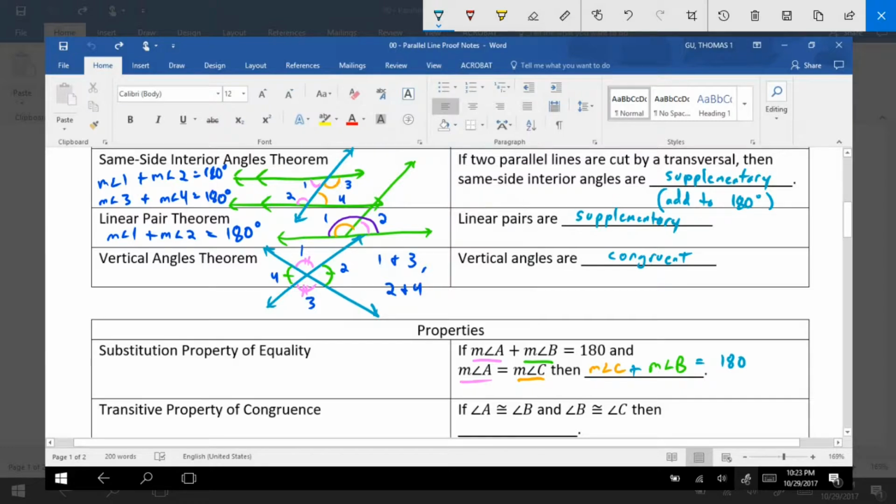All I did was substitute right there. So that is the substitution property of equality. We've already used this many a time. So let's go on to the next one.